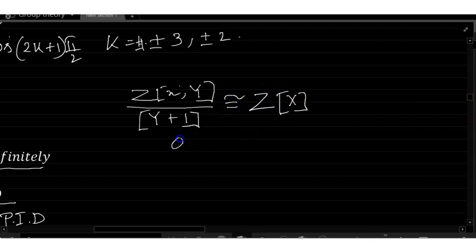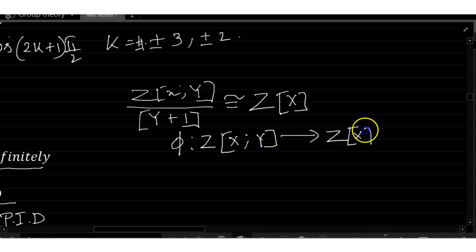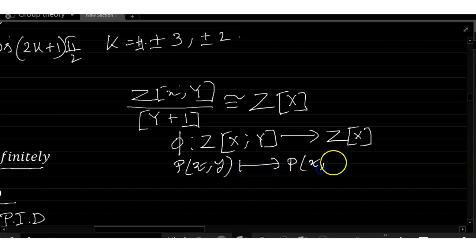Let phi be such that Z[x,y] maps to Z[x], then p(x,y) maps to p(x,-1).